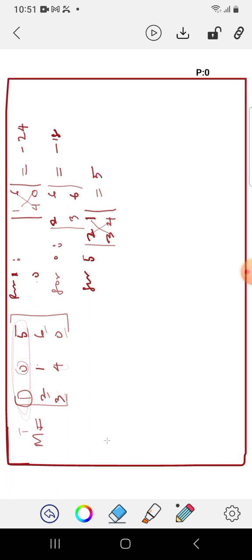Then we move on to the next row. That's 2. So for 2, you blind the row and column that contains 2. If you blind this place and this place, then you are going to have 0, 5, 4, 0.